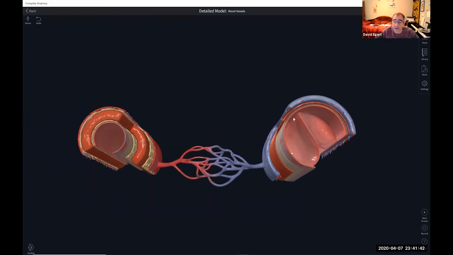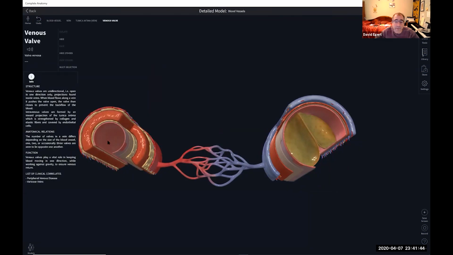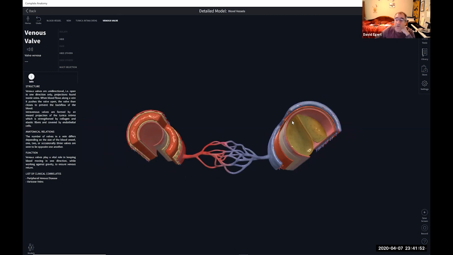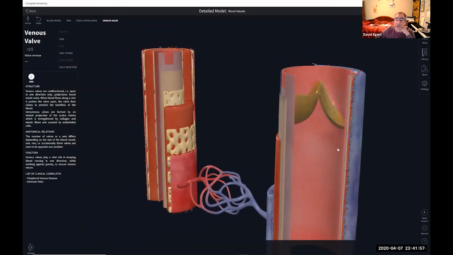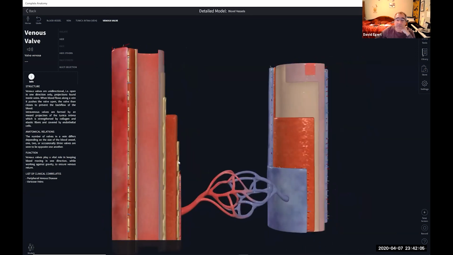The vein also is a larger diameter. Veins tend to have larger diameters for the same kind of conditions in order to allow lower pressures to keep the flow going. And then valves, one-way valves. Here the blood can go one way, but it can't go back. Once it goes from here to here, it can't backtrack. Whereas with arteries, you never have that issue. There's so much pressure, the blood has no trouble continuing to flow in the direction it's going.